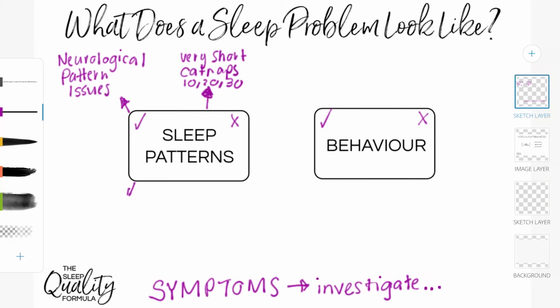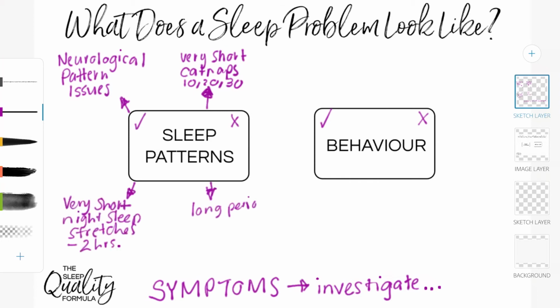Okay, so this is actually a flag that there's something going on there causing a forced wake up. And then we have the long periods of awake time. And what I'm talking about here is plus 30 minutes after a feed, okay?